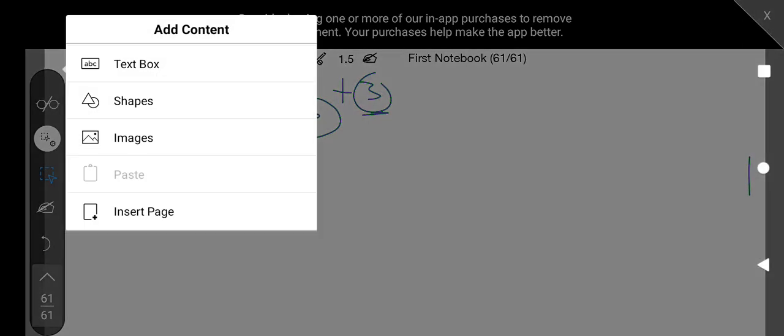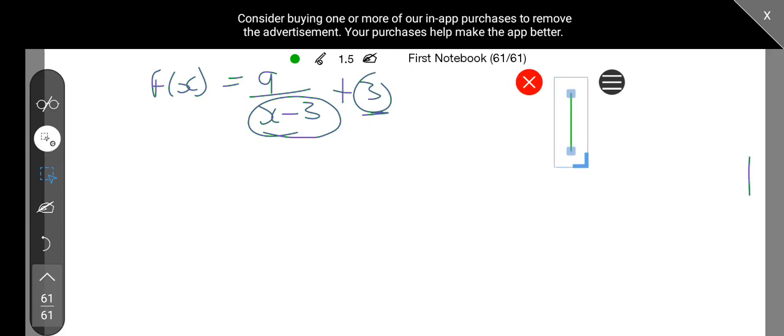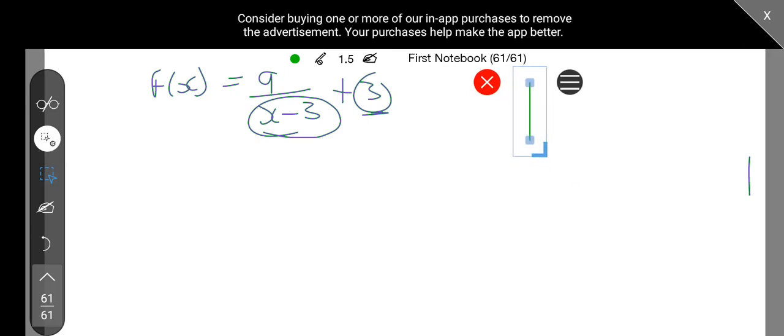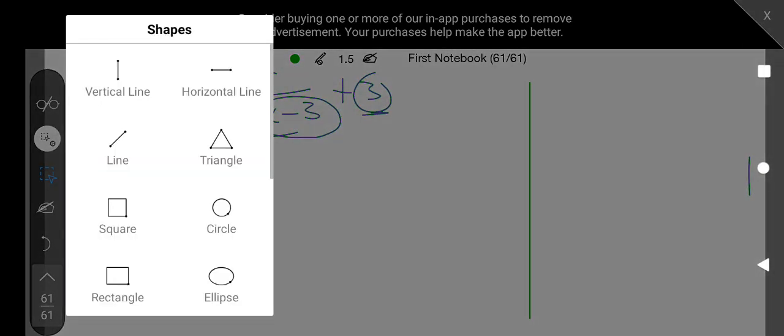We have to add the two axes. Let's add the vertical line, which is the y-axis, and then the horizontal line, which will be the x-axis.